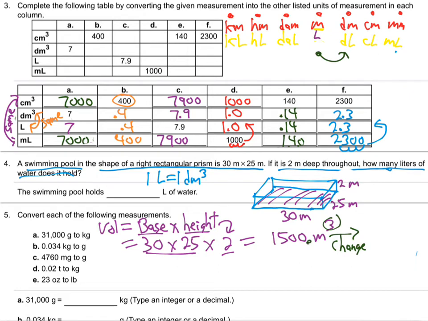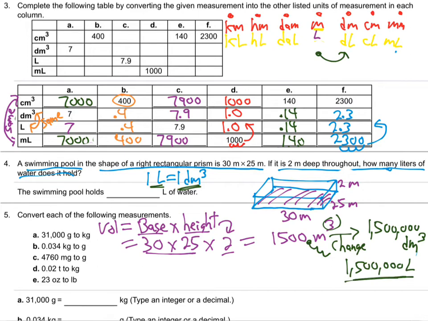So I take the decimal, go 1, 2, 3 right. So 1500, and then add 3 zeros, cubic decimeters. And remember, a cubic decimeter is a liter, so that is also how many liters automatically.